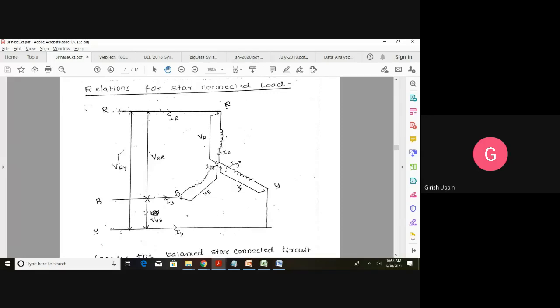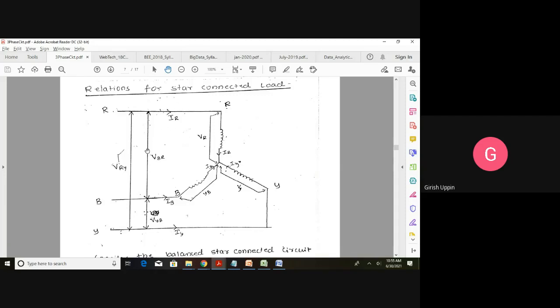The voltage between R and Y, VRY, is the line voltage, represented as V suffix L, VL. Similarly, the voltage between R and B, VBR, is a line voltage. And the third one is between Y and B, VYB. The line currents are IR, IB, and IY.